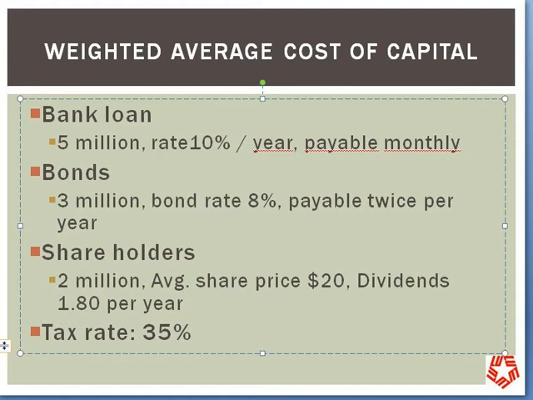The bonds are 3 million with a bond rate of 8%, payable twice per year. And the shareholders are going to contribute 2 million. The average price per share is $20, and the dividends per share is $1.80 per year. Also, we need to know that the tax rate is 35%.